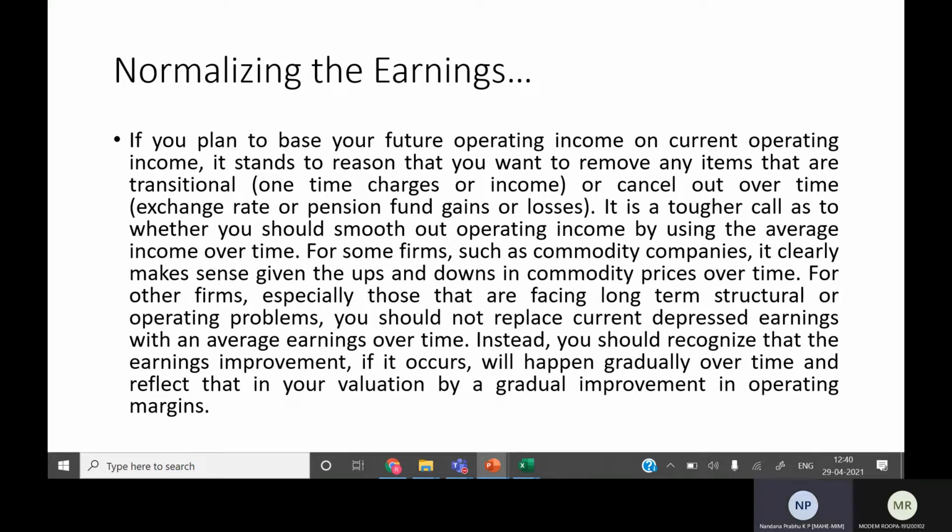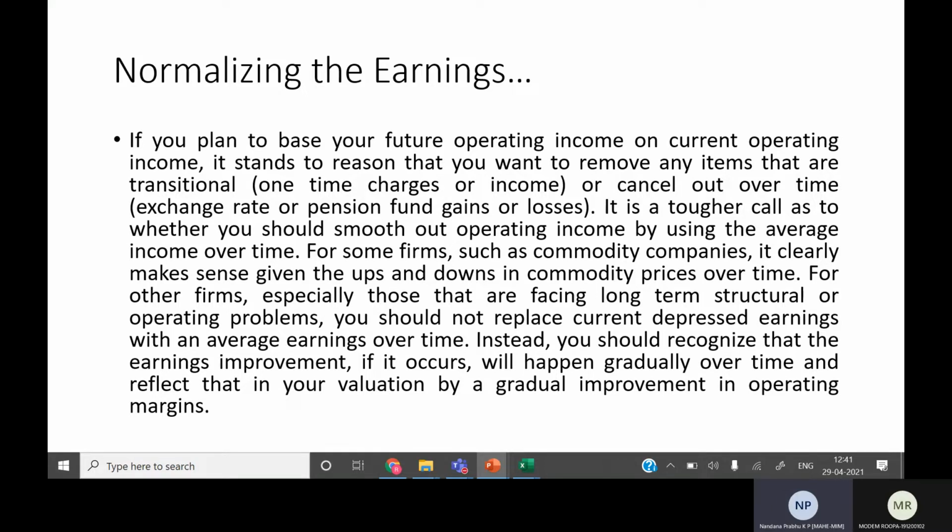Should we really normalize earnings if at all there is volatility of earnings, that is volatility in EBIT and the revenues? If you plan to base your future operating income on current operating income, it stands to reason that you want to remove any items that are transitional, that is one-time charges or income, or that cancel out over time, for example exchange rate or pension fund gains or losses.